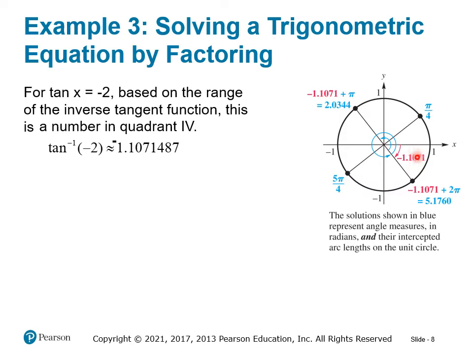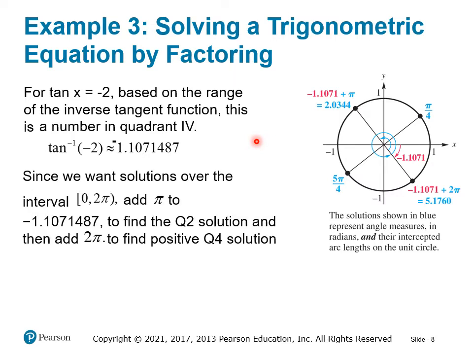First of all, tangent is negative not only in quadrant 4, but also in quadrant 2. So I have to do a couple steps here to finish solving this problem. First of all, I need to add pi to this angle value to find my angle in quadrant 2, okay?